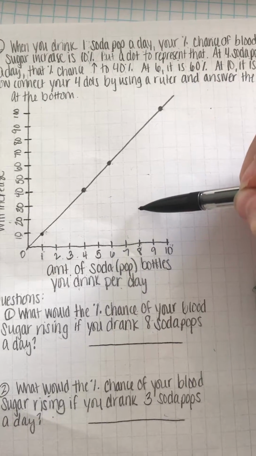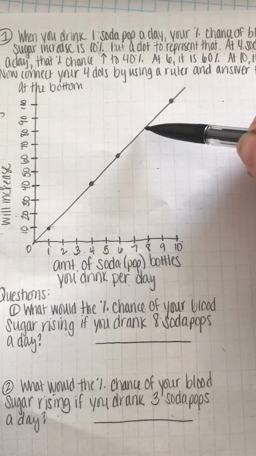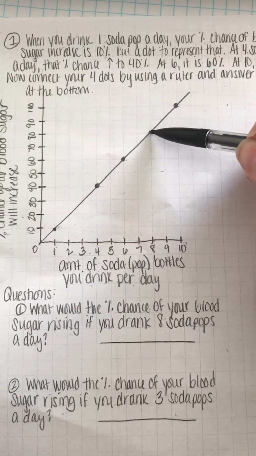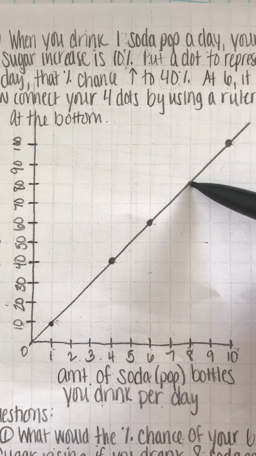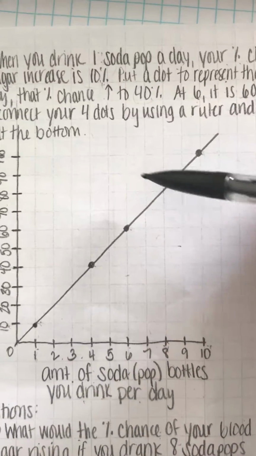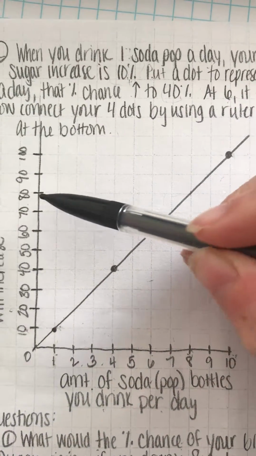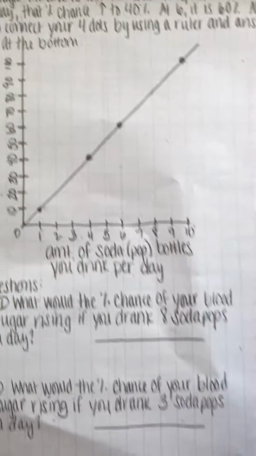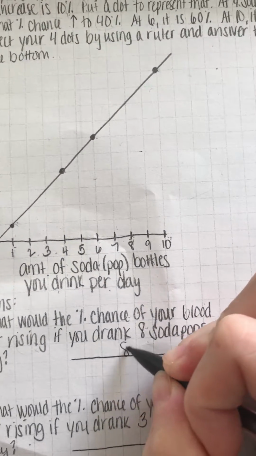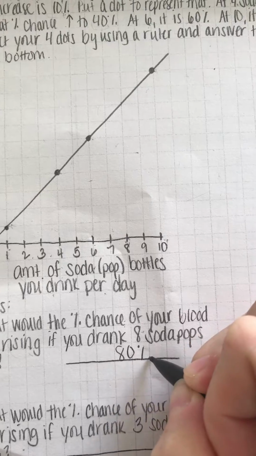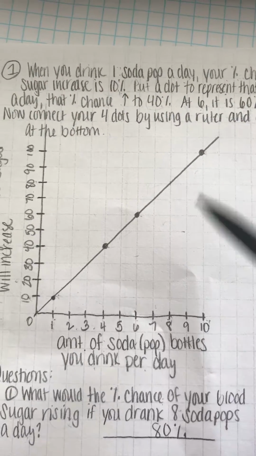So all I do is I go up to that line. What does that line take me to? What does it match up with? If you go over, it matches up with 80%. So my answer is 80%, because that's what the data is showing, right?